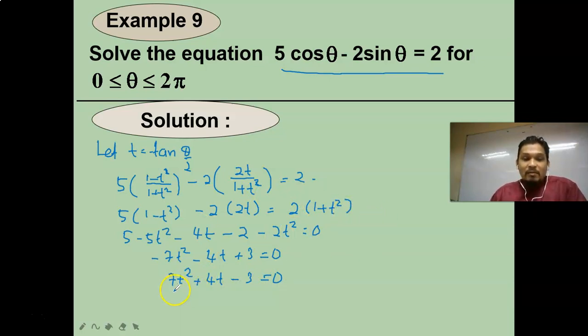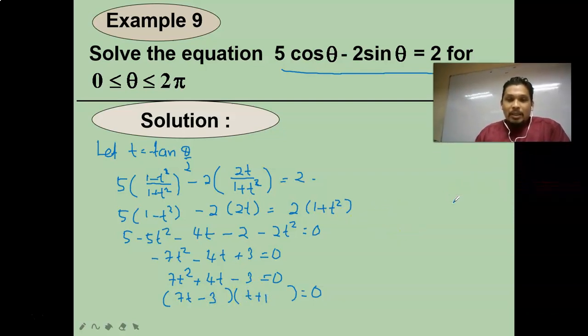Okay, so then factorize this. So then it gives you 7t minus 3 and also t plus 1. So what do we get here now?